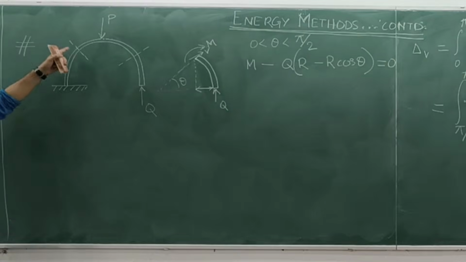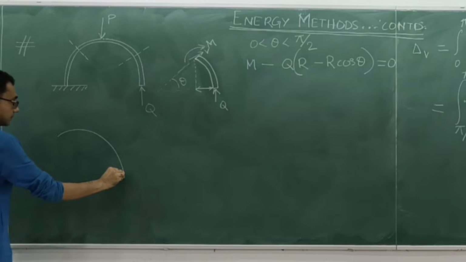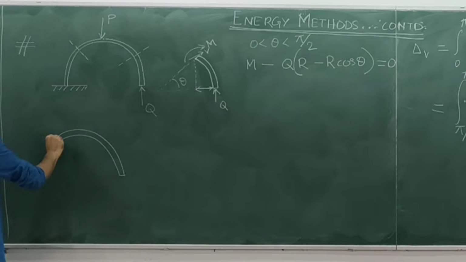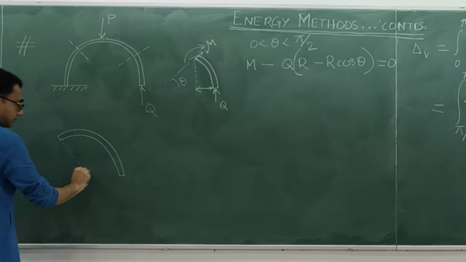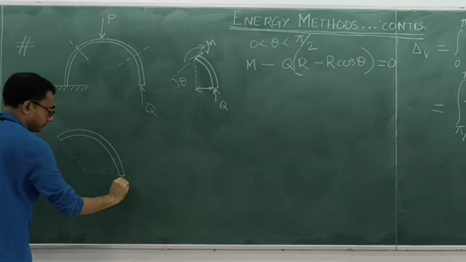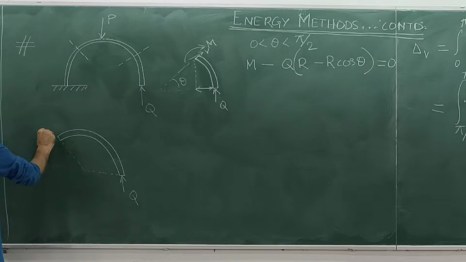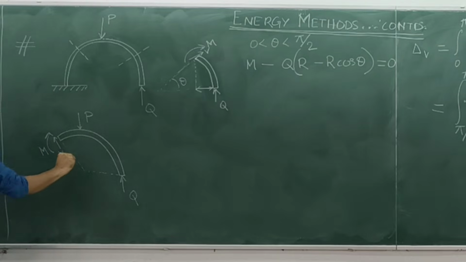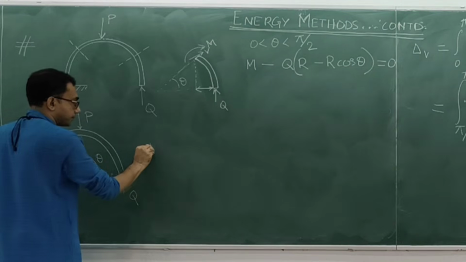Next, when you take this cut, then the diagram is like this. This entire thing is the theta. What is the M?